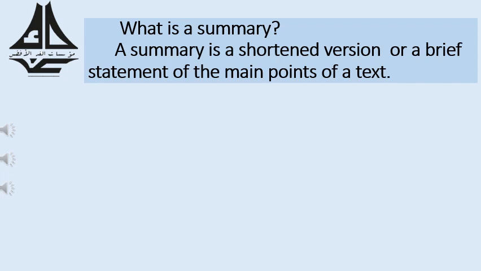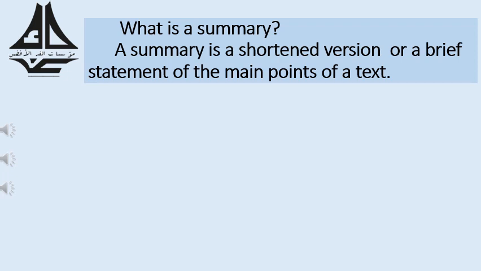To summarize a text or a paragraph, we have to follow some steps. First of all, we have to read the text carefully. Then we have to express the writer's main idea without mentioning any detail. So, we pick out the main points and we omit the details or we cancel them.